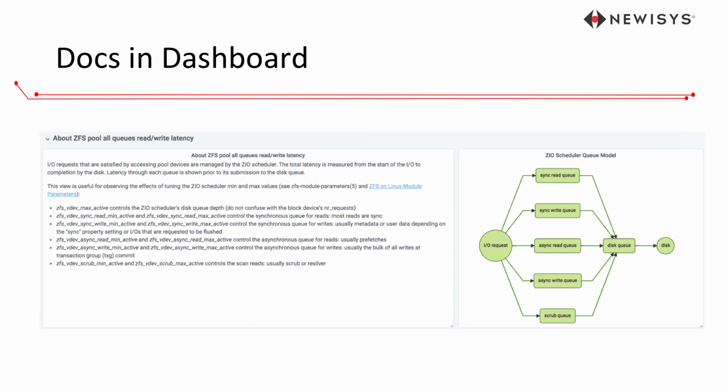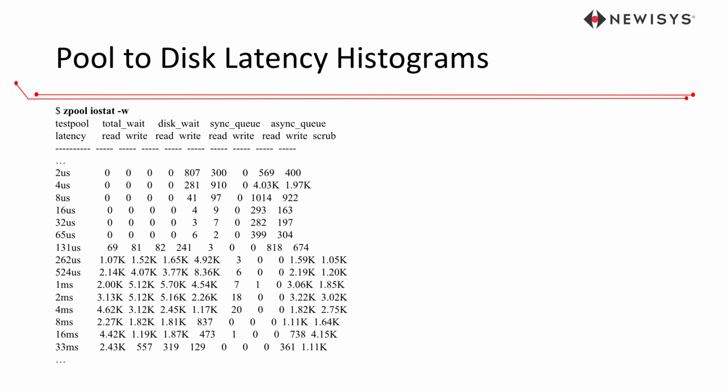If you look at zpool iostat -w on Linux, you will actually see a histogram of the latencies in all of these queues. Again, great font translation, but trust me when I say that you will see these things.